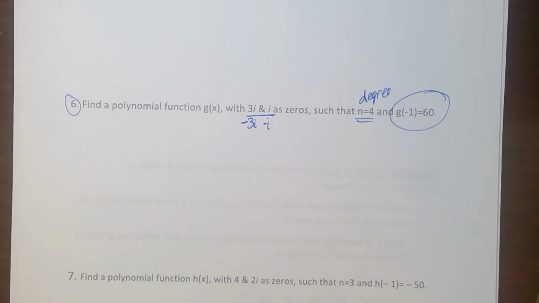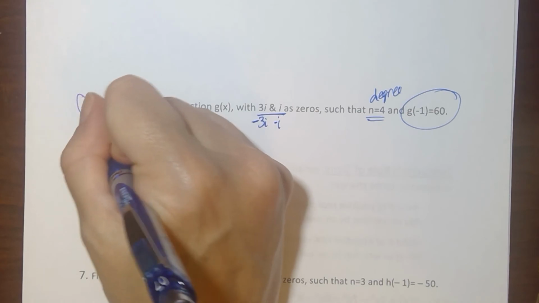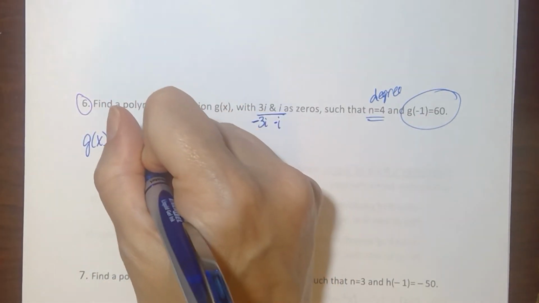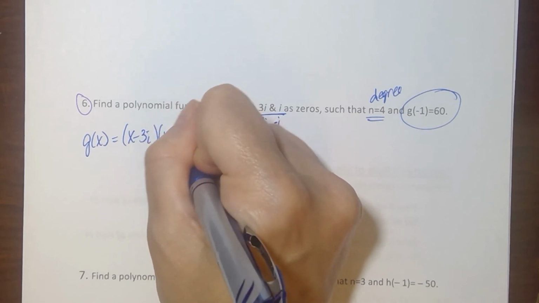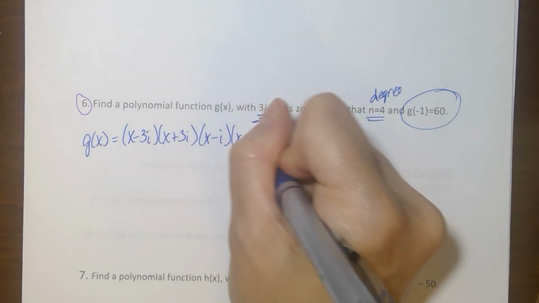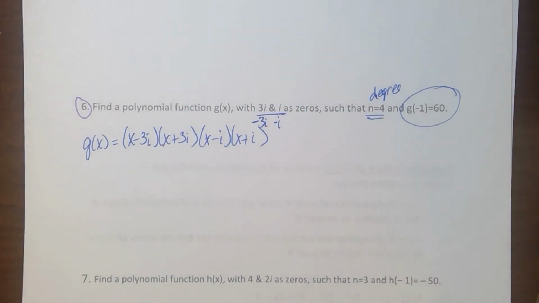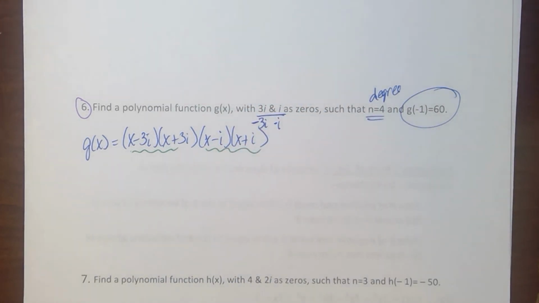That means when I set up my function to multiply things together, I need to set up 4 different factors. So I have x minus 3i, x plus 3i, x minus i, x plus i as my 4 factors. When I FOIL these, I choose to FOIL the conjugate pairs because that keeps things simple.